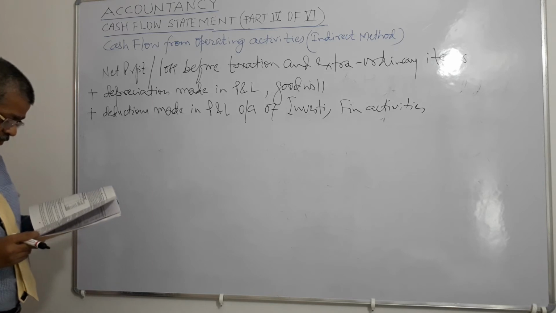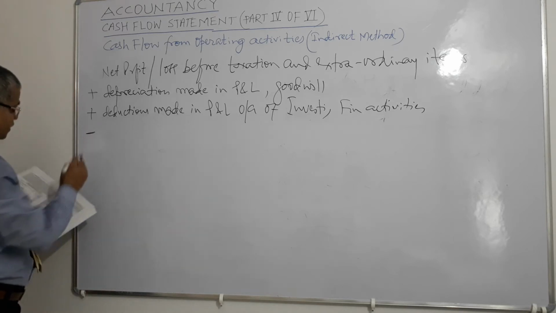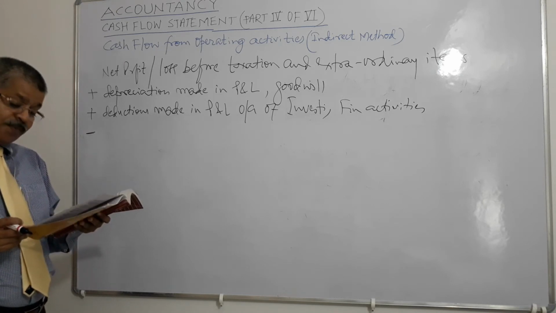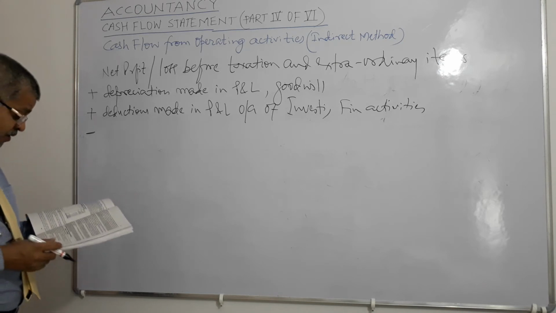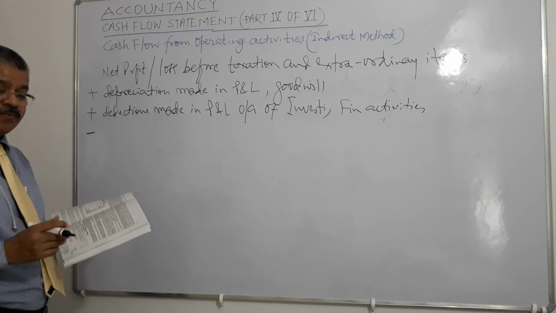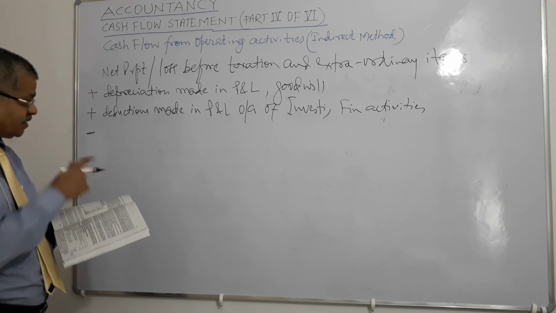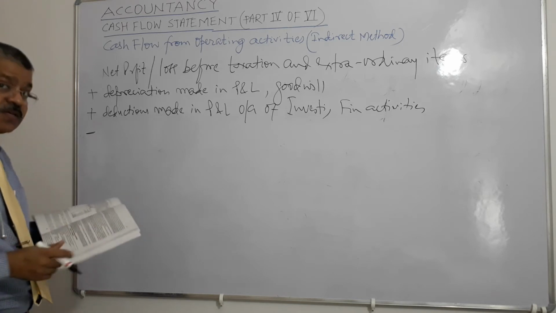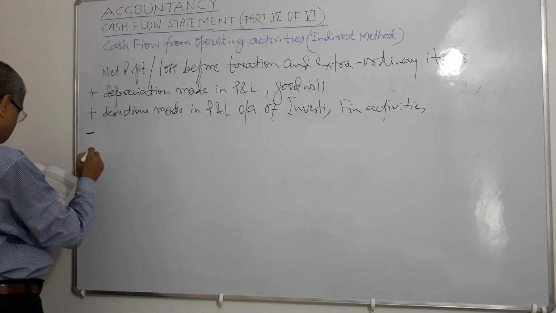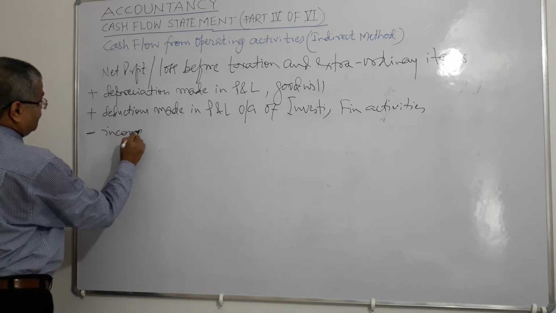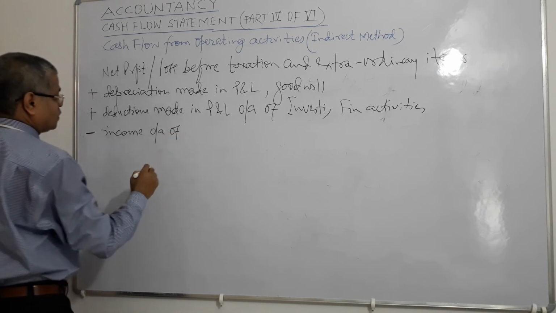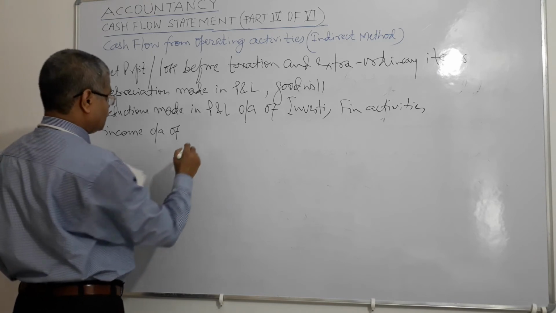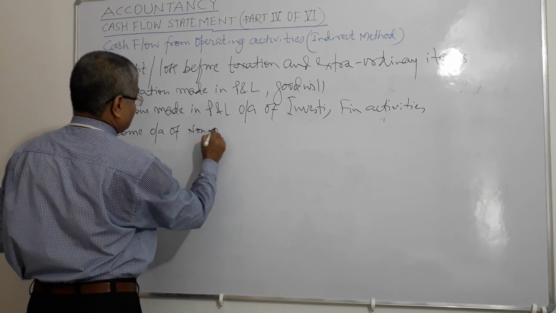Then we deduct. What do we deduct? Addition or income made in P&L on account of non-operating items, right? Suppose we have considered some income which has emanated from non-operating items, that we will deduct. What are those items like? Dividend received, profit on sale of fixed assets, income on account of which we have already taken in P&L, non-operating items.